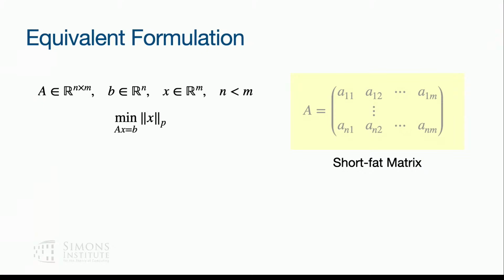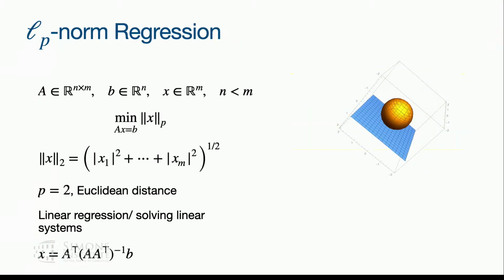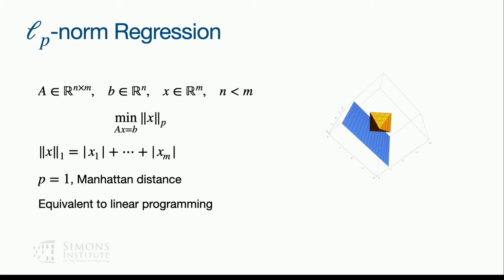Okay, so some more advantages of LP norms. It easily captures the Euclidean norm, the standard linear regression, which we know how to solve exactly. When P is 1, it's equivalent to linear programming.